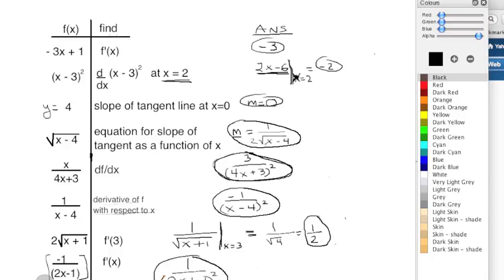Okay, so negative 1 over 2x minus 1. I want to know what f prime of x is, and it is this expression right here, 1 over 2x minus 1 quantity squared.